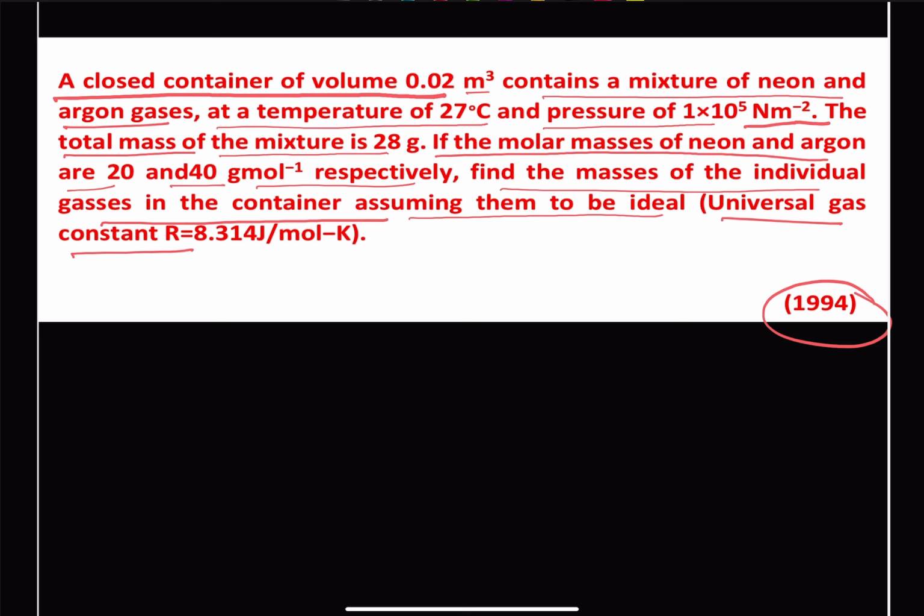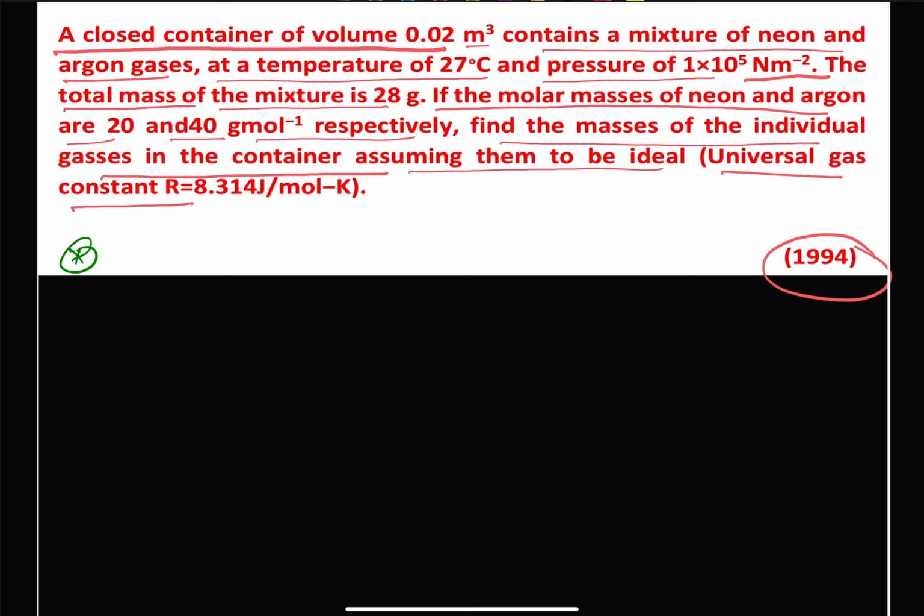And here the data is more or less given directly to us, so we need not make a deeper conclusion from there. It is given that the mixture consists of ideal gases, so we are going to make use of Dalton's law of partial pressure and find the total pressure. Okay.